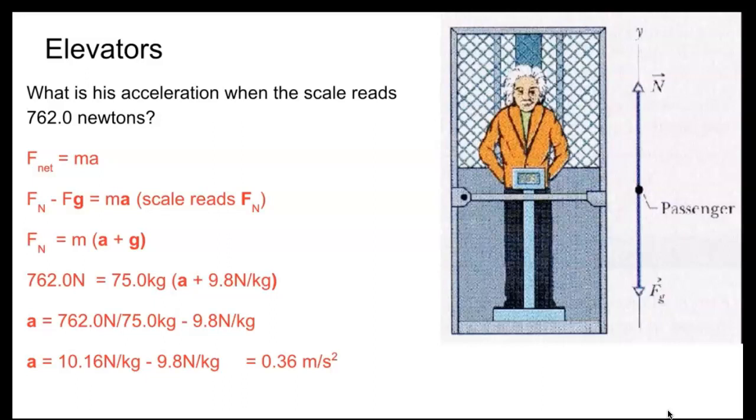But the scale will read more if you are in an elevator that's accelerating upward, because the elevator has to provide enough force to hold you steady plus a little bit extra to accelerate you upward. In order to accelerate you downward, the scale would then read less. It's applying enough upward force to almost hold you stationary. So it would give a negative acceleration if the scale read less than usual.